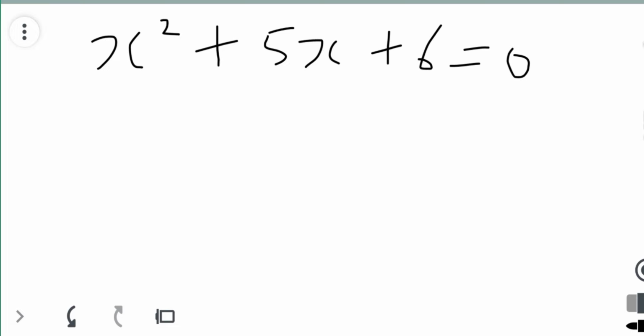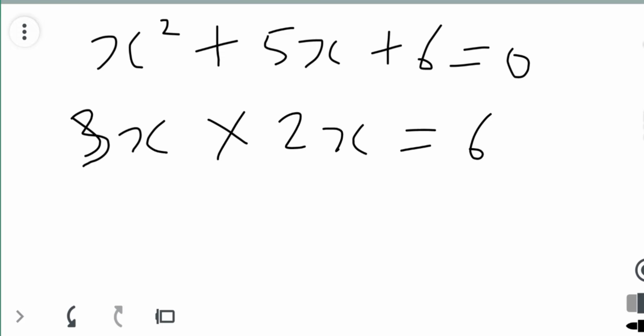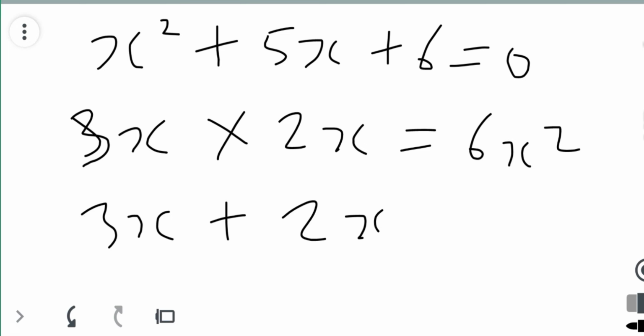So 3x multiplied by 2x gives 6x squared, and 3x plus 2x gives 5x. Which means 3x and 2x are perfect for this equation we want to solve.